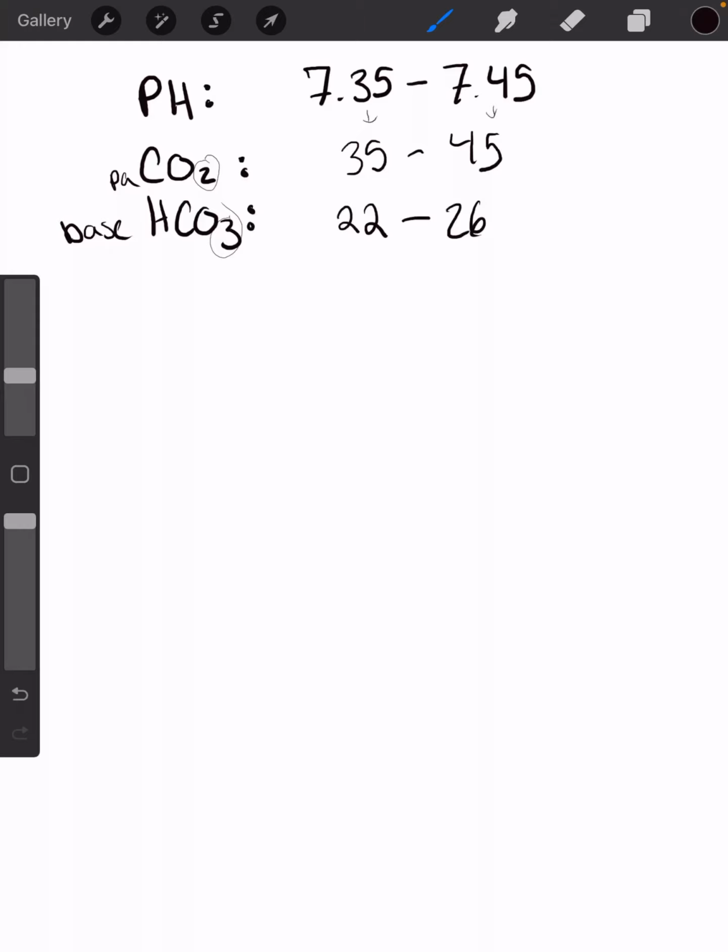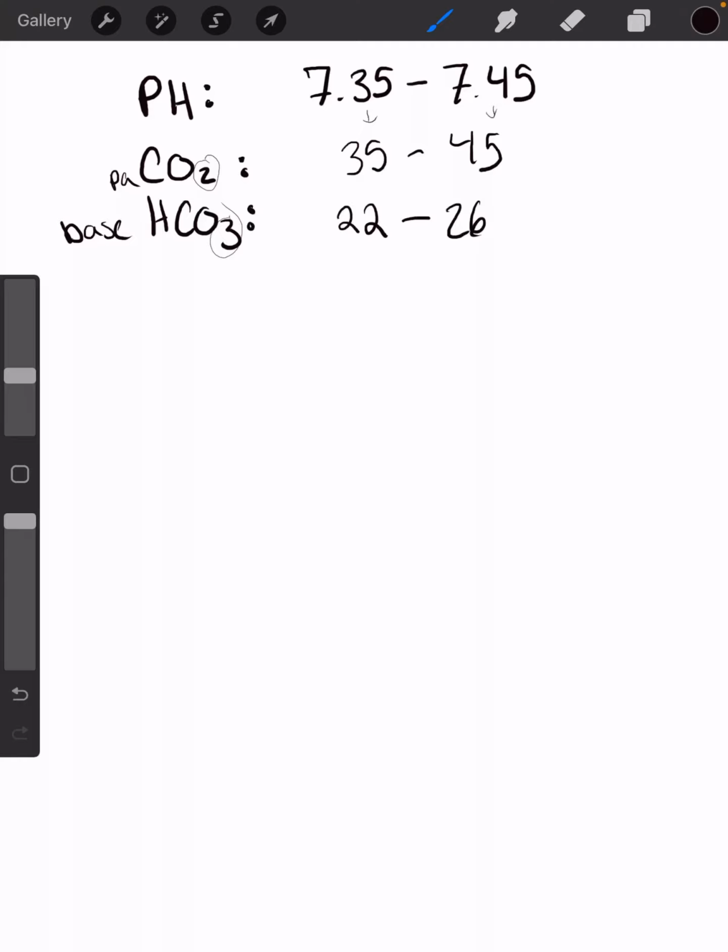And then the range is 22 to 26. However, you can commit this to memory. Maybe you're a basic bitch if you're in the age range of 22 to 26. If you draw your 2s like mine, it kind of looks like a backwards 6. But just remembering it starts at 22 and goes to 26. Memorize this and write it down every time at the beginning.